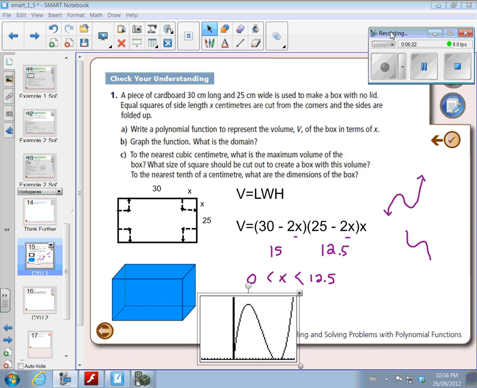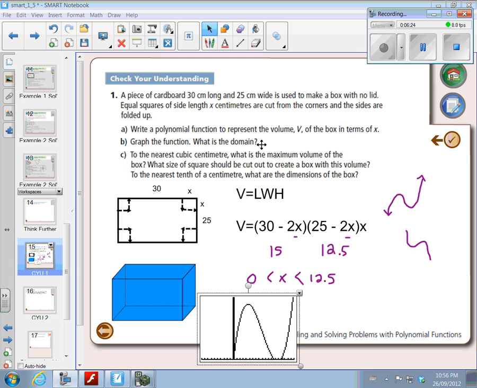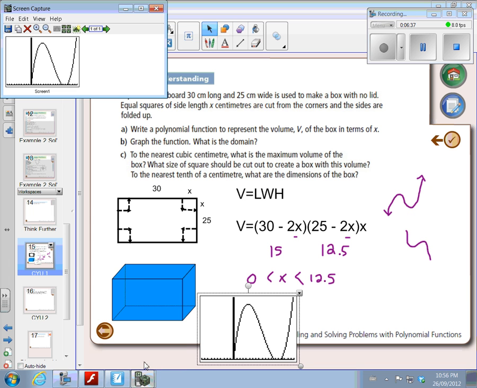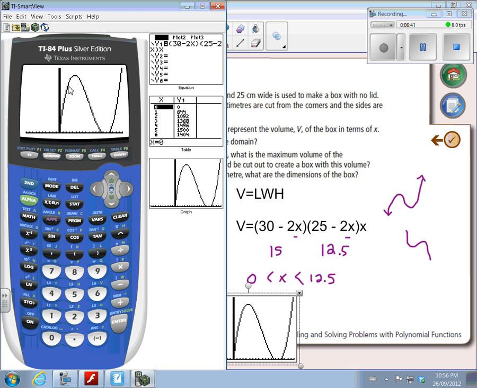Now it's asking for us, to the nearest cubic centimeter, to state the maximum volume of the box. Well, you guys need to be responsible for being able to do that graphically. So back to our graphing calculator, the maximum occurs right here.